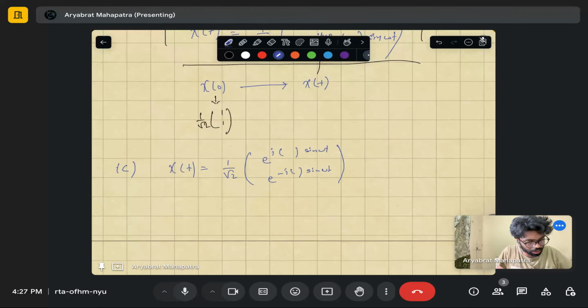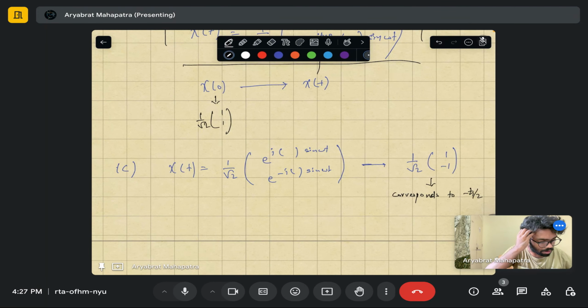Now after time t, what is the probability that this corresponds to minus h bar by 2, the eigenvalue for Sx?